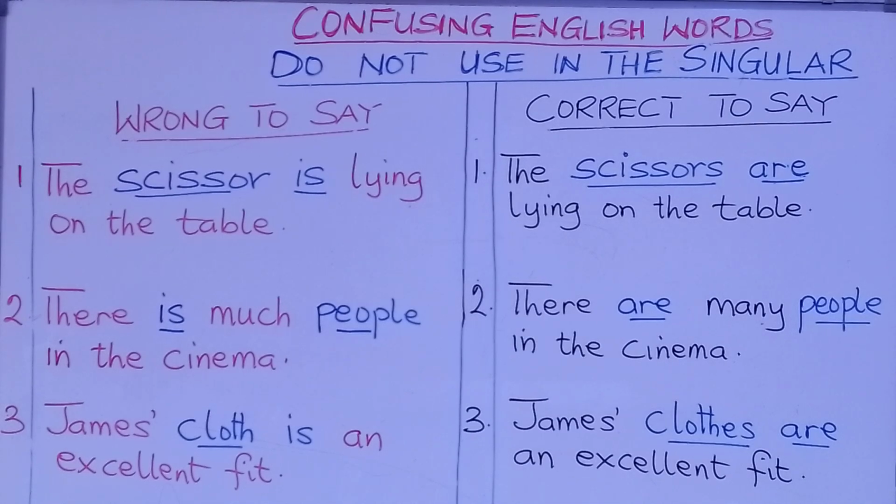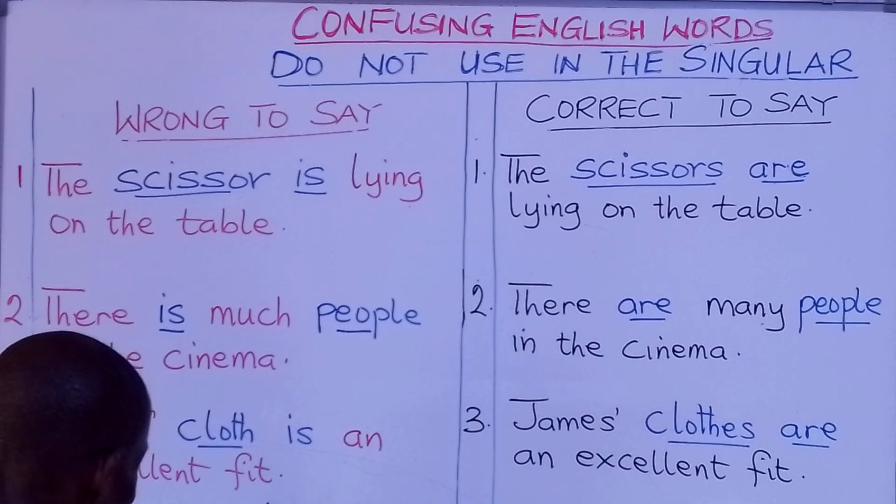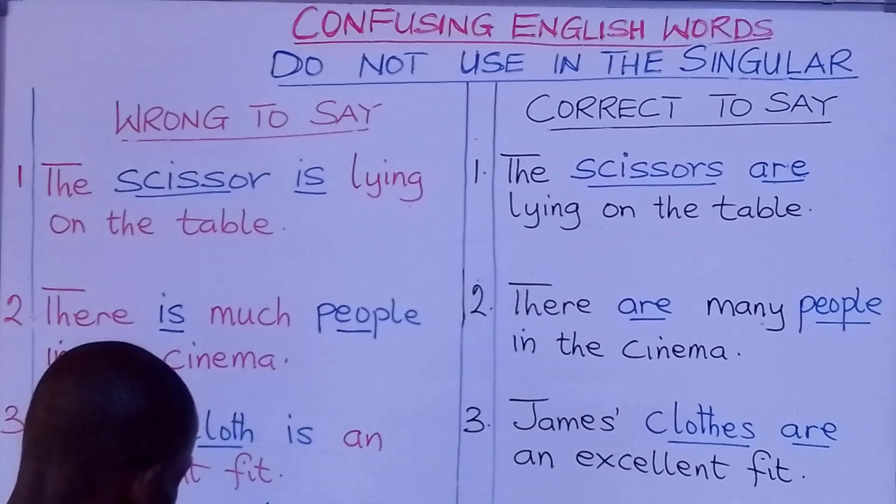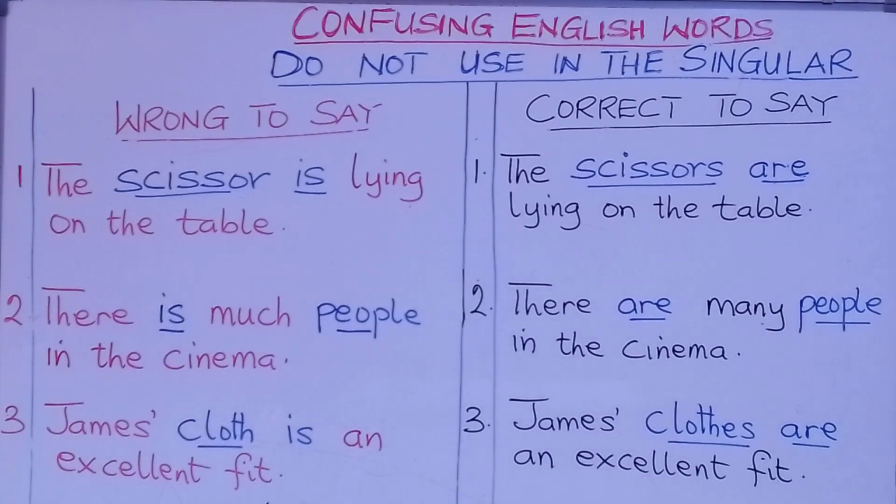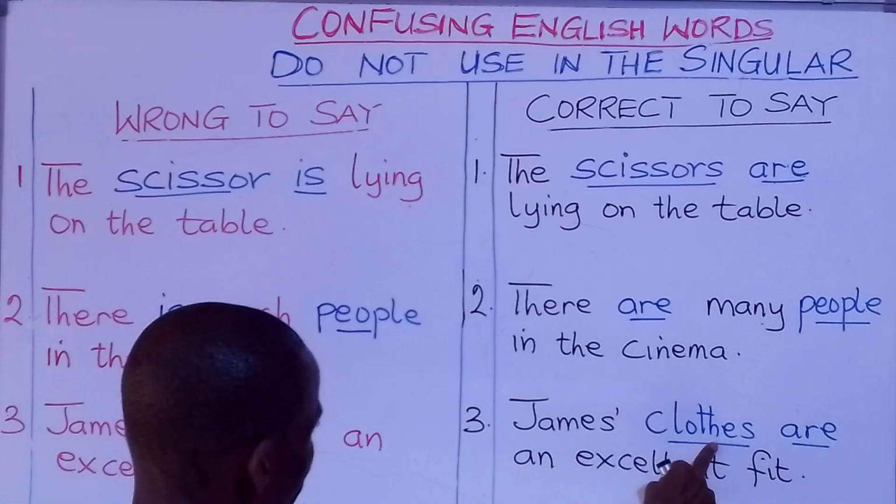So, cloth, meaning the material of which clothes are made, is singular and has a plural form, cloths, without the E. So this is cloth, this is cloths. This is clothes.